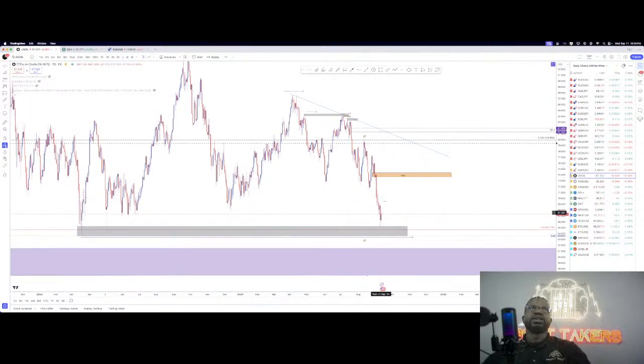Would be nice if we can get a pullback here before that fall. May need to.